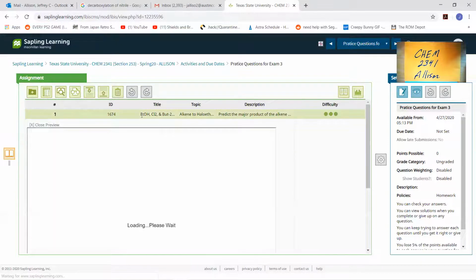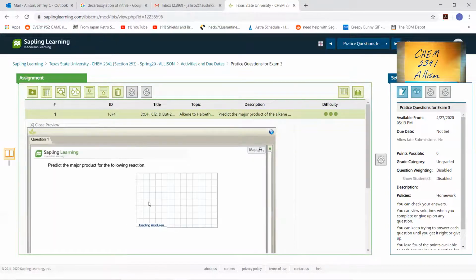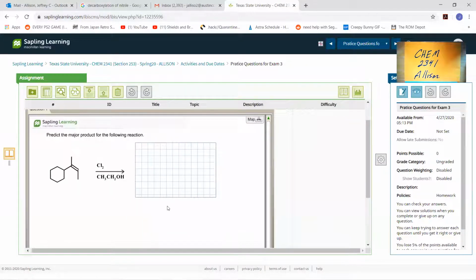So the first question that I've got, you'll notice the Flash Player is opening up, and I have a question here where it's asking me to do a chlorination of this system, and your solvent here is ethanol. Now, this is very similar to what you would see with a halohydrin situation, except here you have an alcohol instead of water.